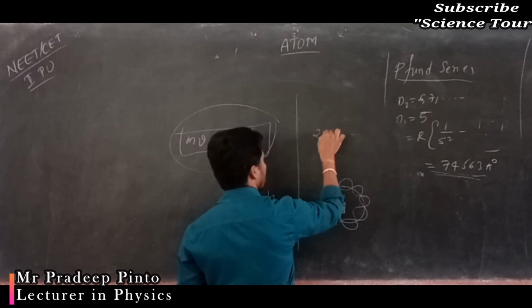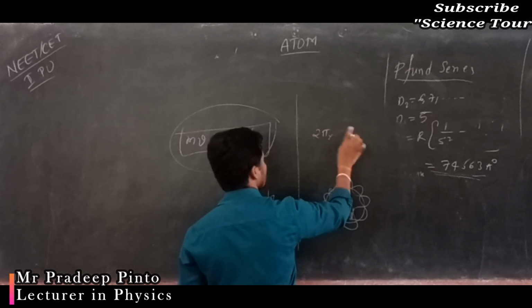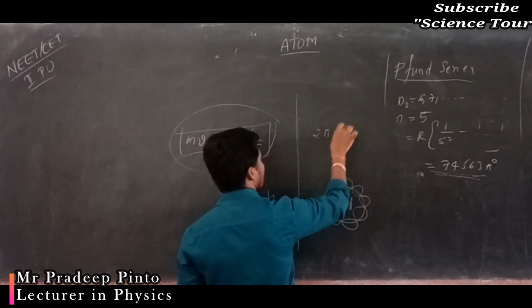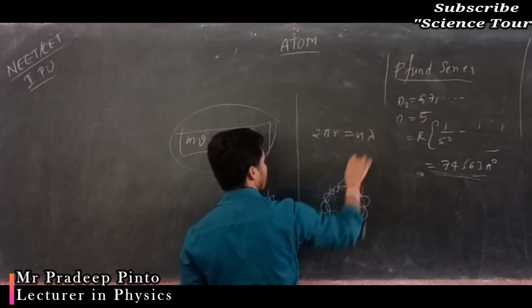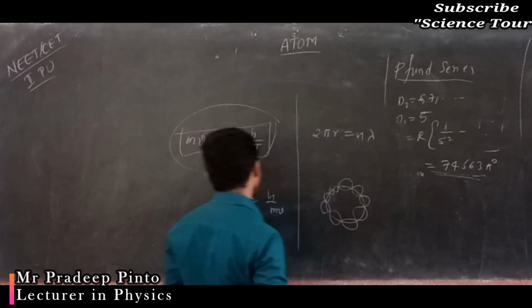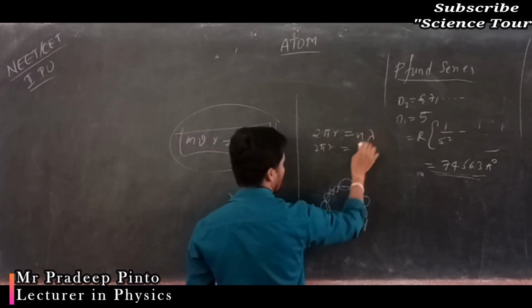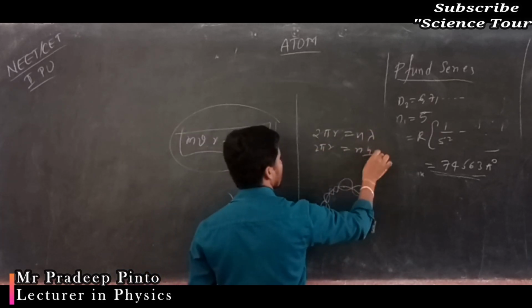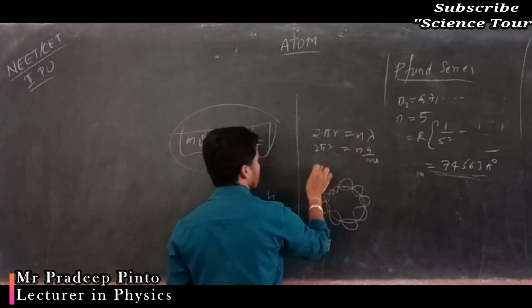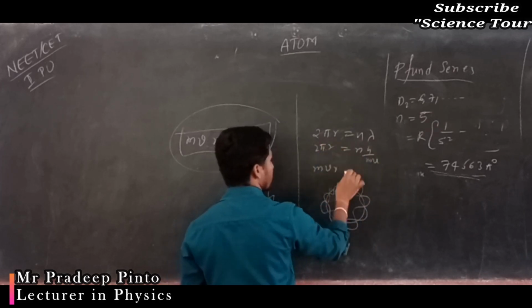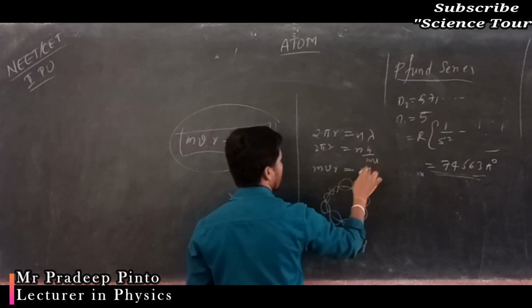So how many waves? 2 pi r equals n lambdas, no? Now lambda means h by mv, so 2 pi r equals n h by mv, and we get mvr equal to nh by 2 pi.